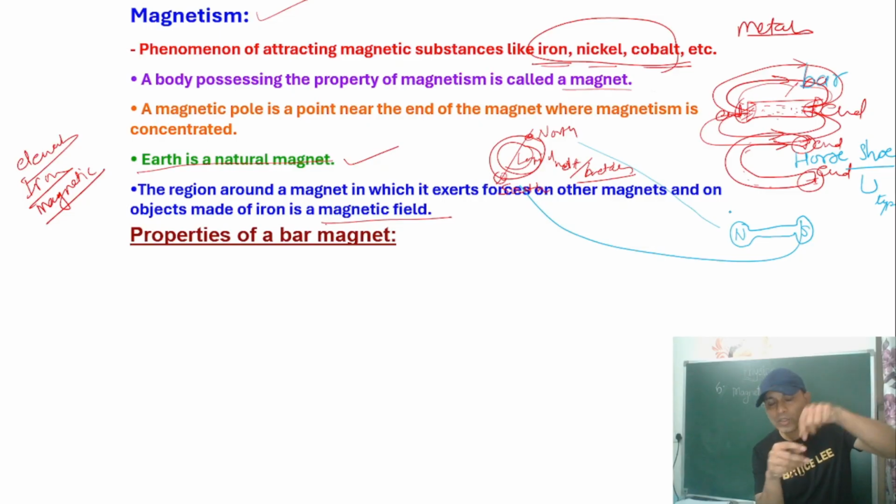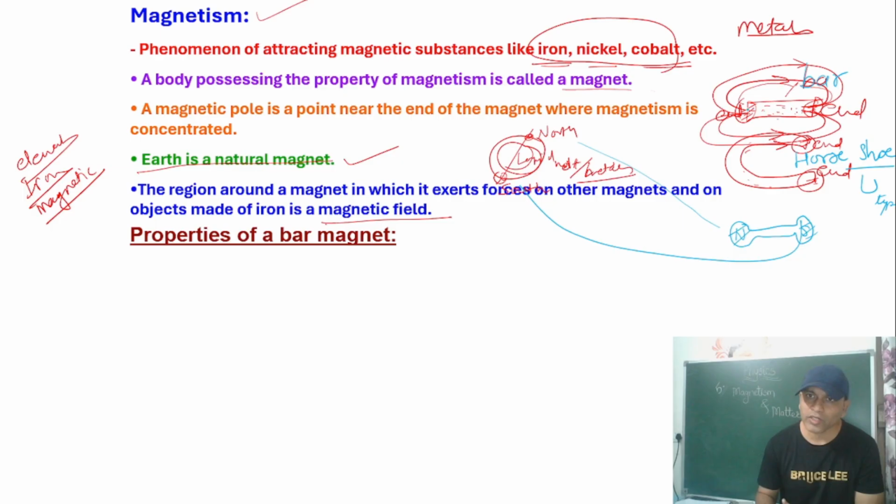Whenever you suspend a magnet in the air with a string or some support, freely able to rotate, the ends will be directed towards the north and south poles. That's why they have this north and south pole direction.